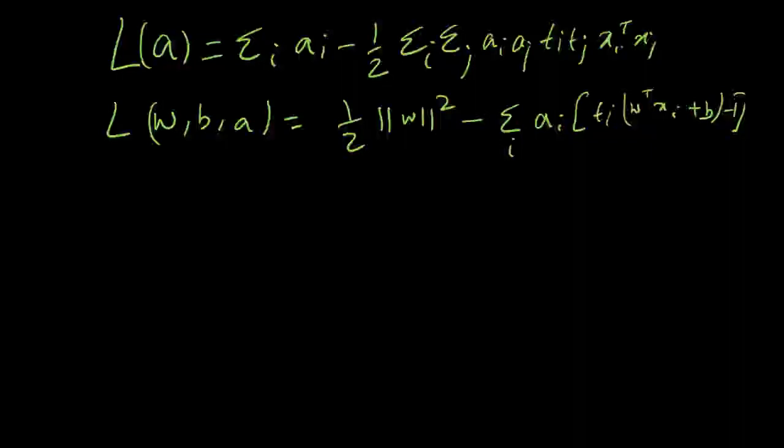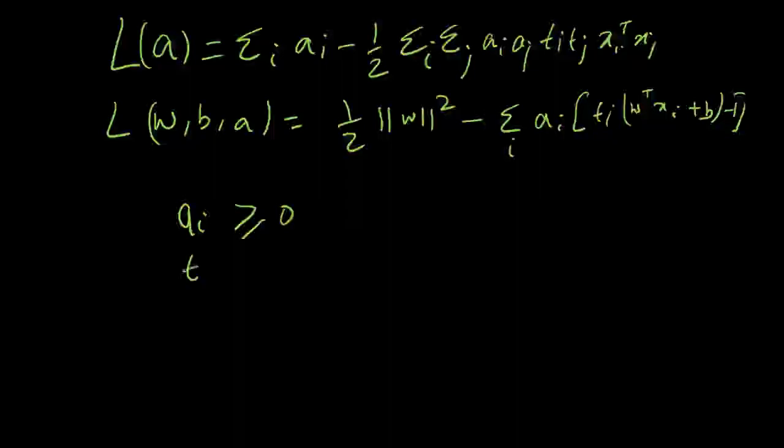Now the three conditions that we looked at where g(x) is greater than or equal to 0, lambda greater than or equal to 0, and then the product of the two is going to be equal to 0, because we will have one of them equal to 0 in both cases. So what we will get here is that a_i will be greater than or equal to 0. We know that already by definition.